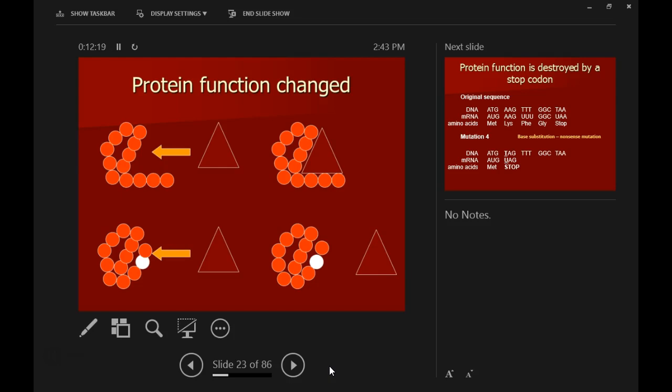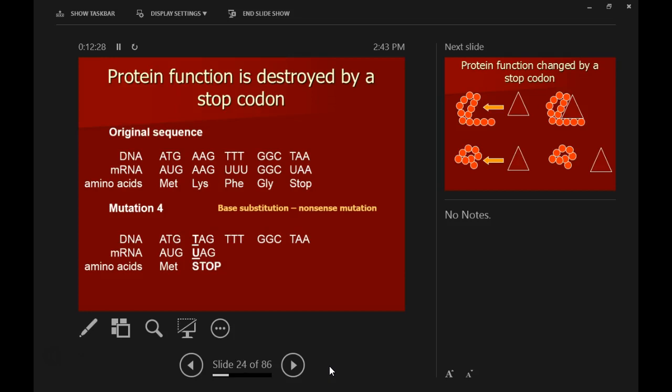Now, we've looked at base substitution missense. Let's take a look at a really cool one called a nonsense mutation. In this case, what we have is a premature stop.